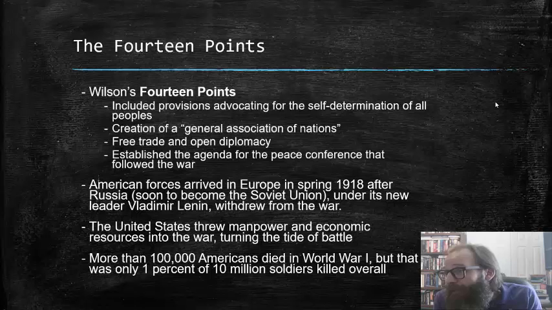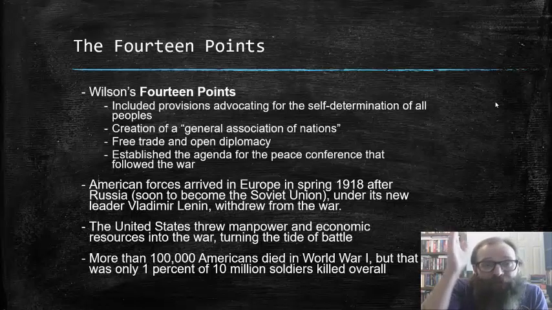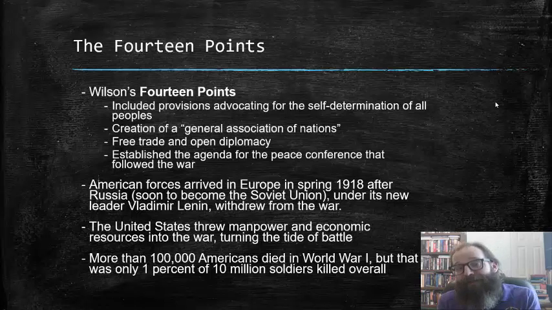And in 1918, under its new leader, Vladimir Lenin, Russia withdrew from the war as it descended into its own civil war. Now, this pretty much closed off that Eastern Front and allowed Germany to focus all of its resources on the Western Front, which at that time was along the French border.